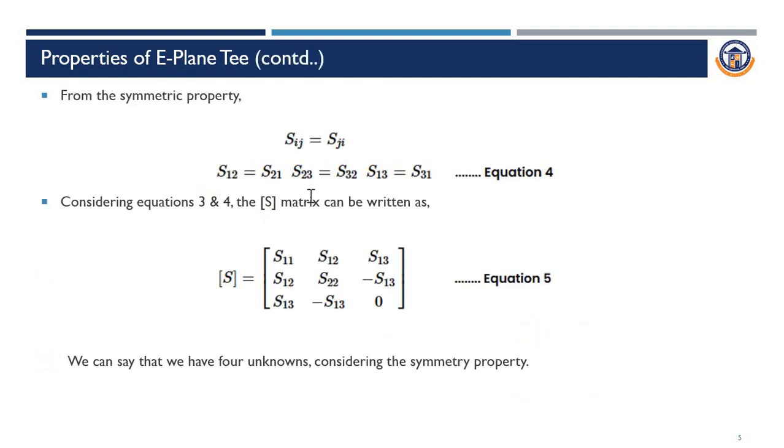From the symmetric property, Sij equals Sji. So we can write S12 equal to S21, S23 equal to S32, S13 equal to S31.